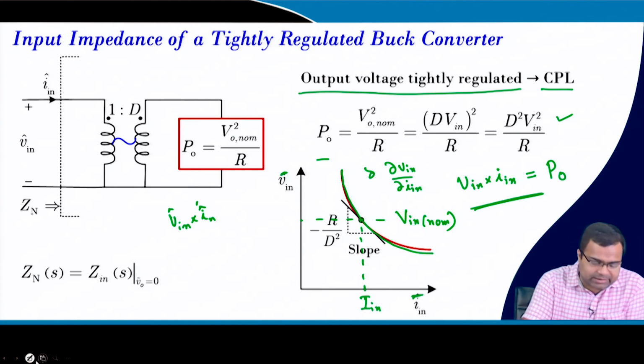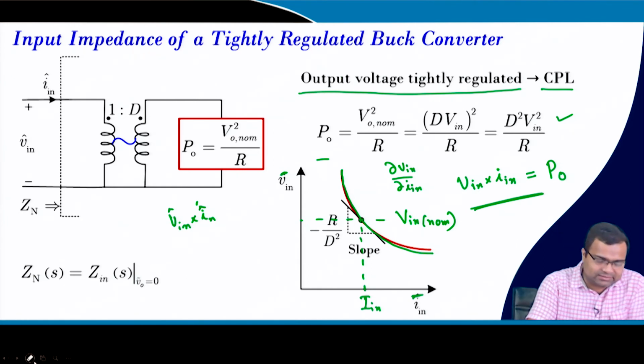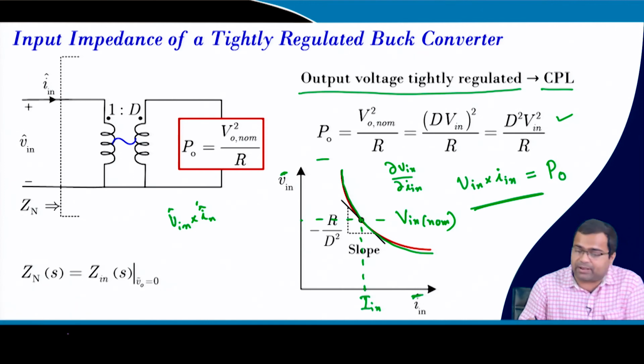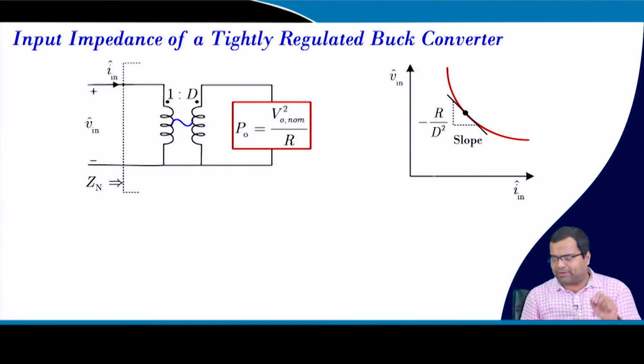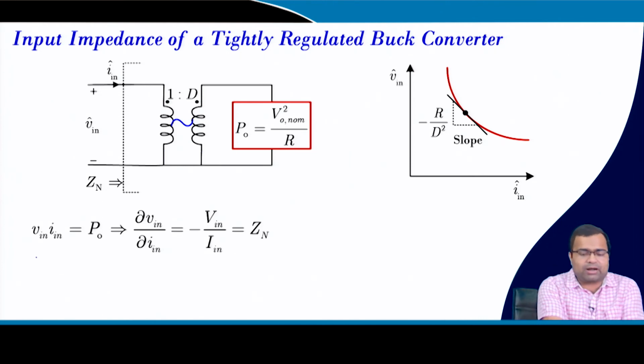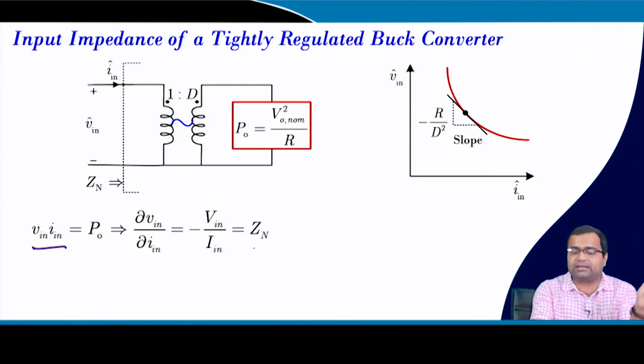So, this is the incremental change that we can expect, this will be the slope, okay, and we need to find out what this is. In order to find out, we know the product is constant, and if you take the partial derivative, it is the Zn. Now, what is Vin?